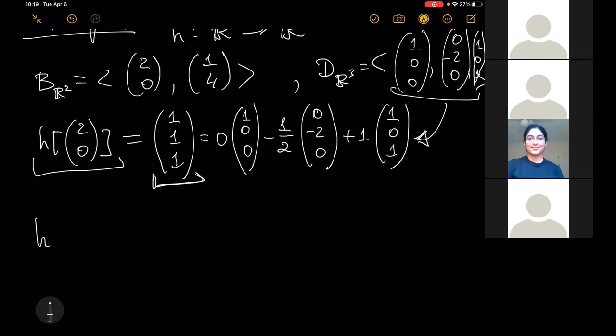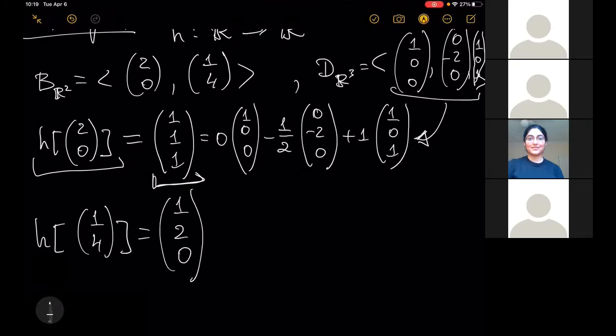If you apply it to the second vector of the basis, you will get (1, 2, 0). These two statements are enough to determine how the homomorphism acts on any vector in R2.